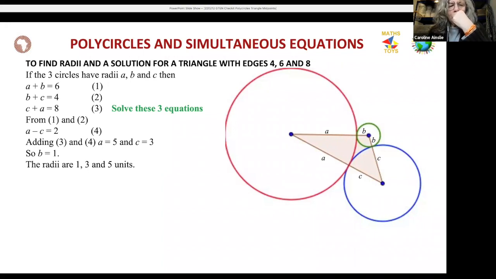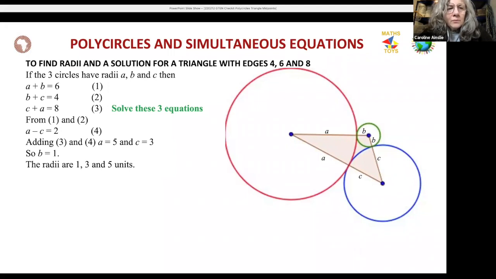But I just wanted to say that in South Africa and in many countries, the children are taught to do two equations in two unknowns, and not three simultaneous equations in three unknowns.